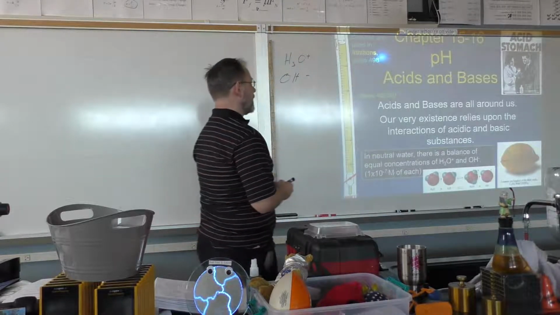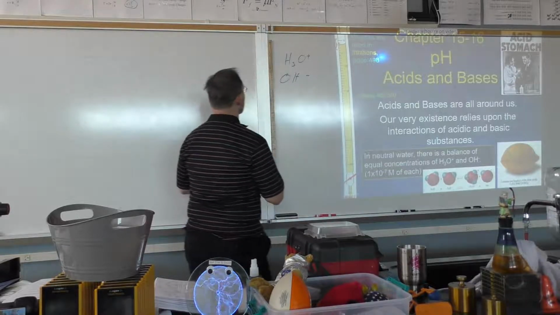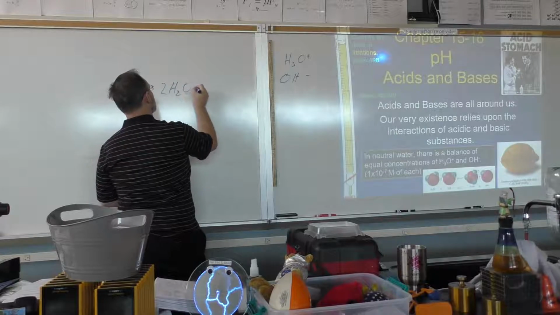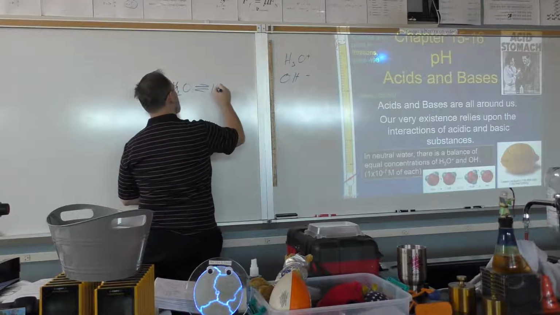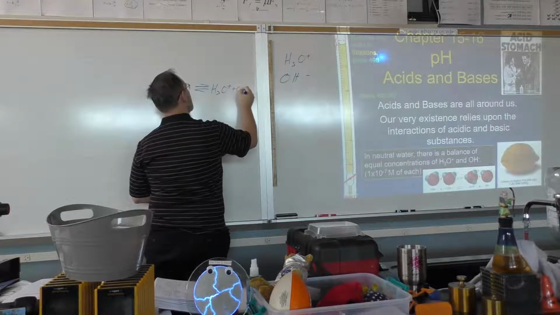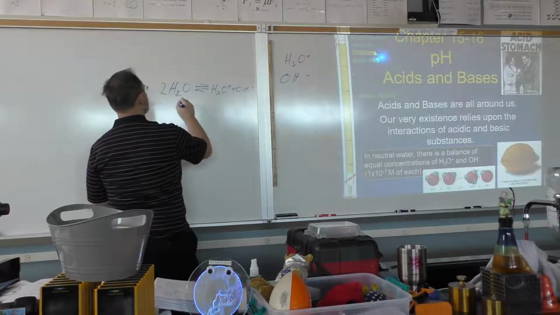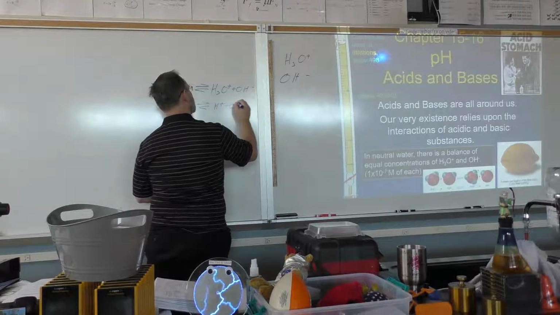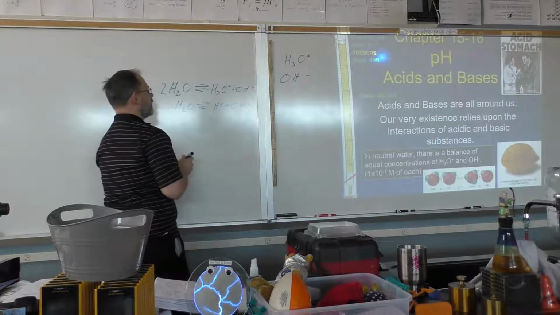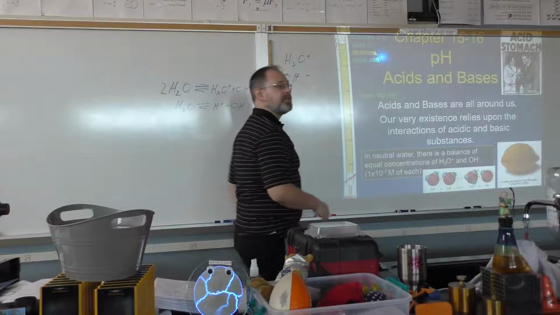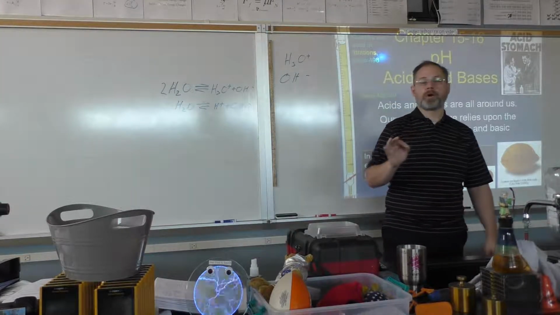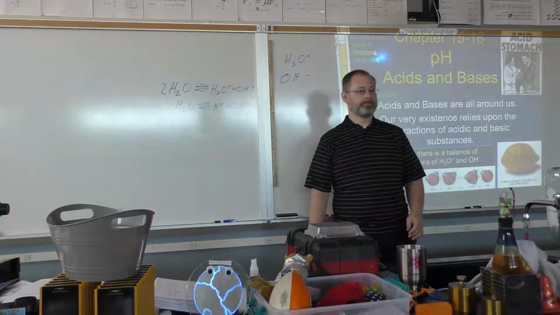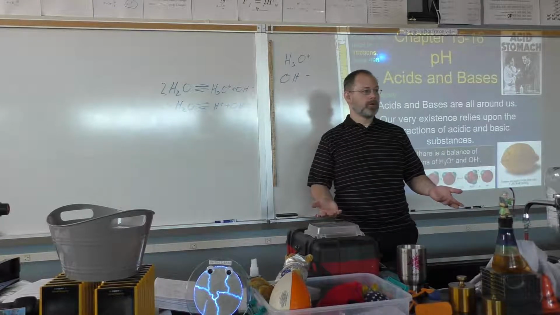There are some. In fact, in liquid water, there is an equilibrium between two water molecules and H3O plus and OH minus, or you can think of it as an equilibrium between H2O and H plus OH minus. Okay? So this equilibrium exists even in the purest, best water, neutralist water there is, ions present. So far so good? Okay.